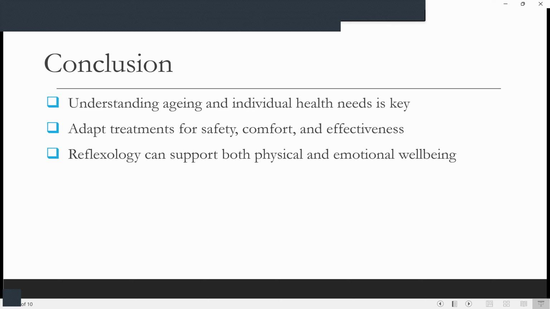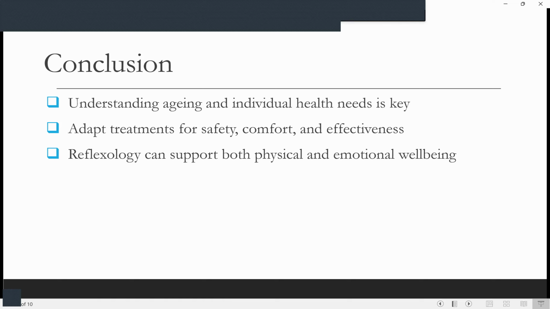Safety is first. As the client gets older, getting onto a couch might be hard, so you've got to make sure they're safe. You've got to make sure they're comfortable. They might need extra bolsters. And you want the treatment to be effective, and to do that, you've got to fully understand their conditions.